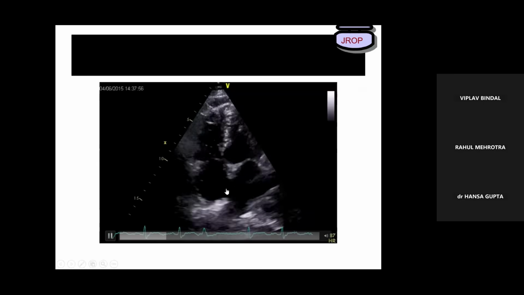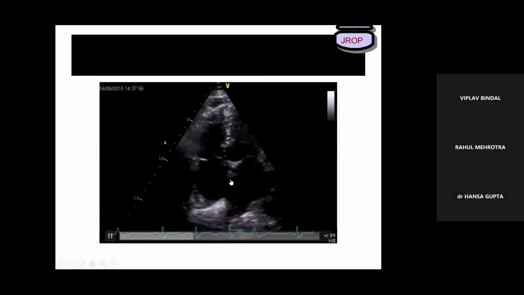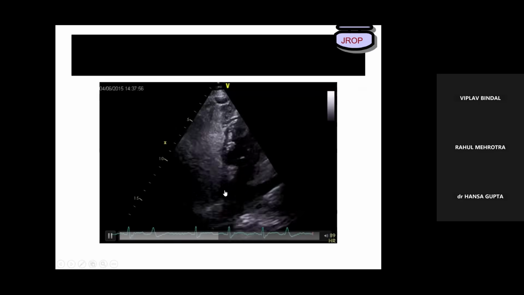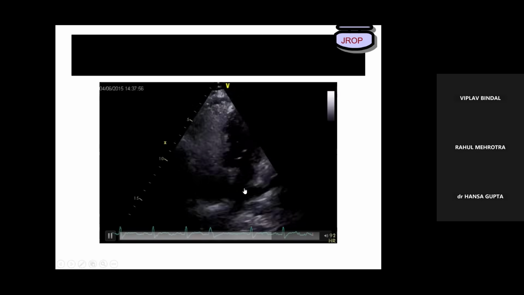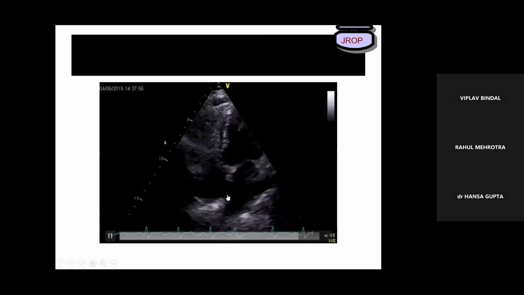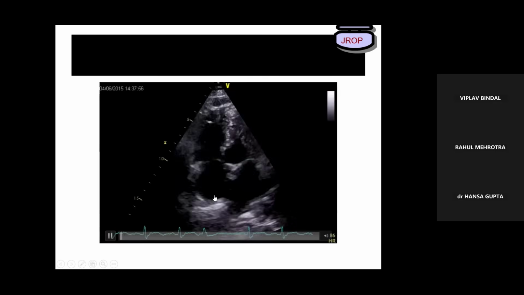So normally the bubbles were coming through this interatrial septal aneurysm. Somehow I'm not able to stop it, but you could see bubbles right over here coming through this interatrial septum. And that's what was PFO.